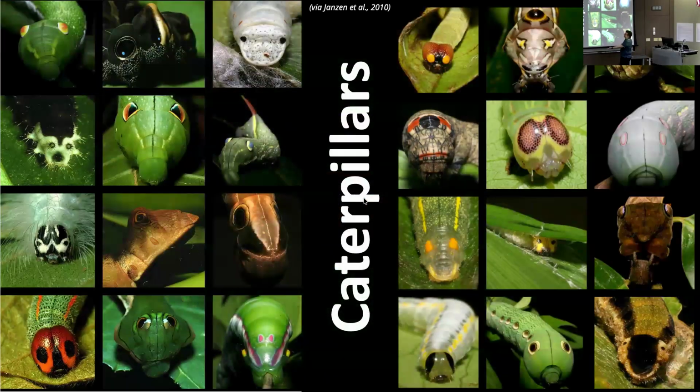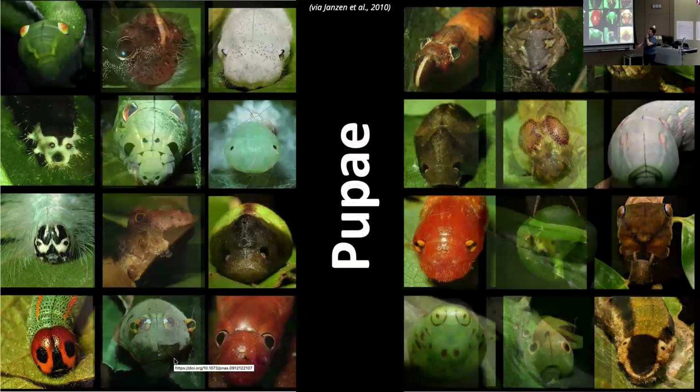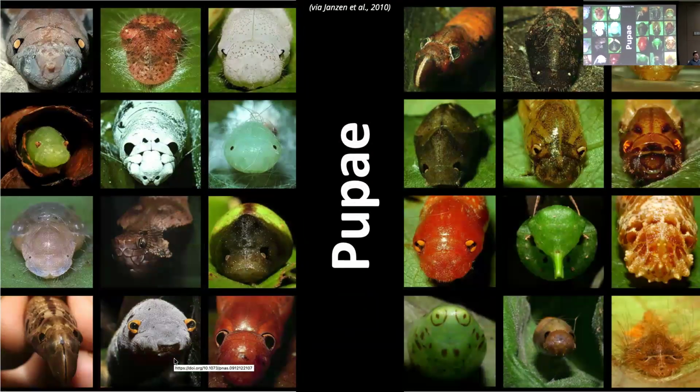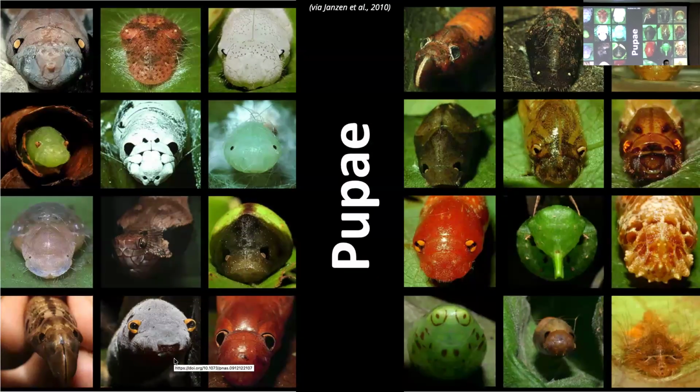And then if you look across, here are the caterpillar examples, and there's a huge diversity in all of these eye spots. I mean, they clearly look like snake-like things, but it's really hard to figure out what the model is here. And it's not just the caterpillars. You can also look across the pupae, these little chrysalises and things like that.